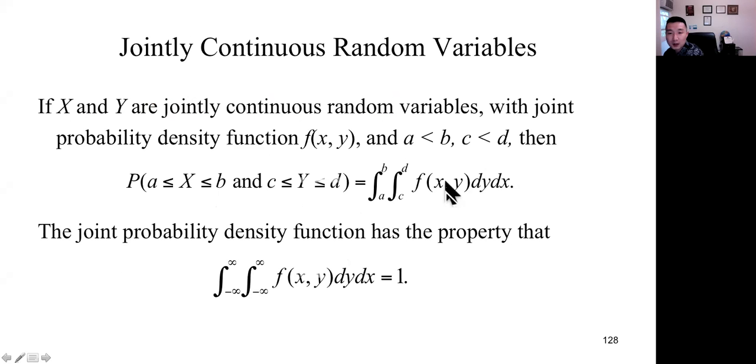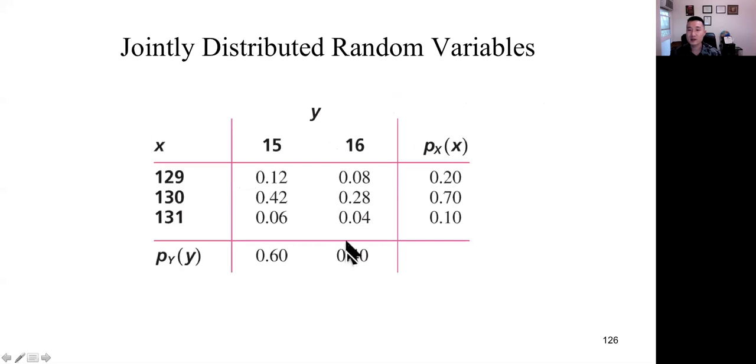Right. Go back to this table. All right. So let's look at here. Pxx equal to 0.20. Did you see that? Okay. What does that mean? So that means when the x value is equal to 129, for y we could have 15 and 16, right?